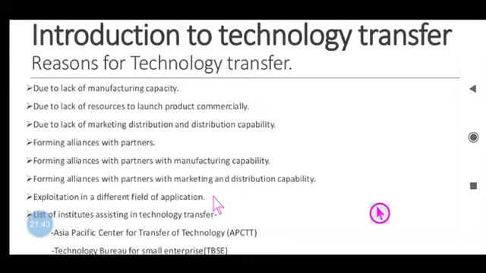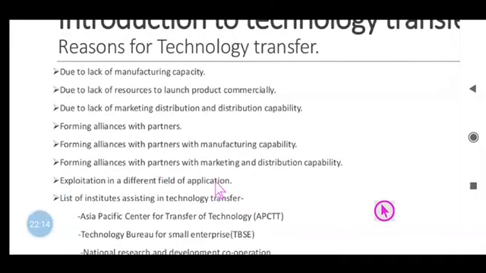So one partner may be interested to exploit only the diagnostic applications of the given drug molecule, whereas the other partner will be interested to exploit the therapeutic application of that given molecule. So the field of application may be different for the same formula or same drug, and this way there has to be alliance between the partners, where again the role of technology transfer will be there in between the partners.